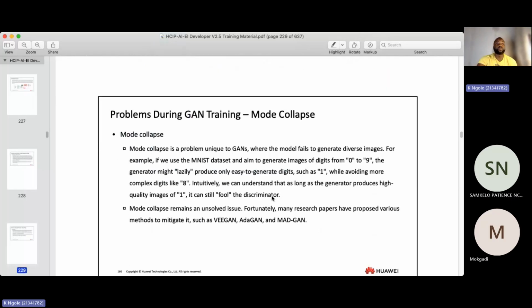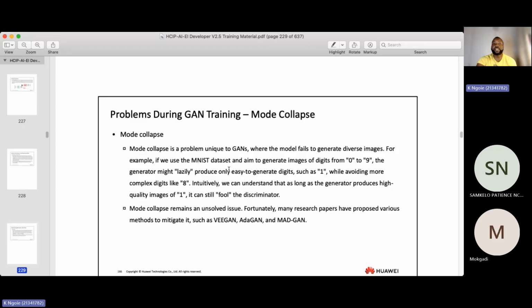Apart from overfitting and underfitting, another problem we can have with GAN training is mode collapse. Mode collapse is one of the problems that we only find when we're dealing with GANs. So what is mode collapse?